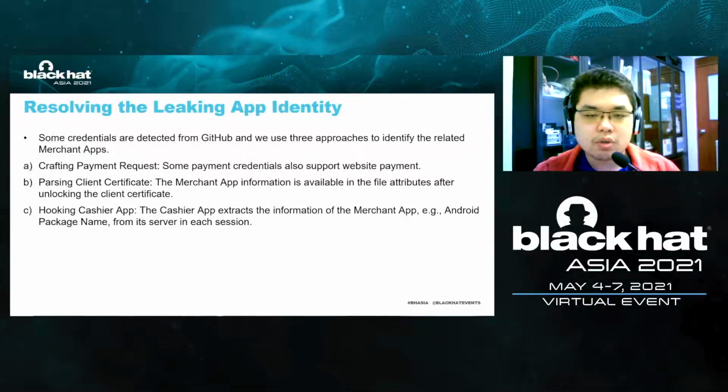The last approach is to hook the cashier app. We find that a certain cashier app will extract the information of the merchant app from its server in each payment. As a result, we can hook such a function in the cashier app to get the identity of the leaking merchant app. We have completed the proof of concept for this approach, but have not automated it so far.